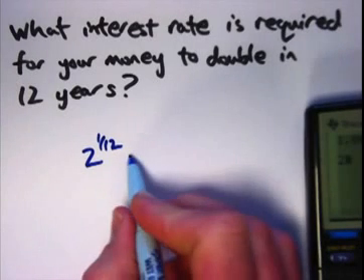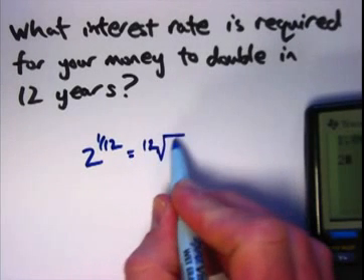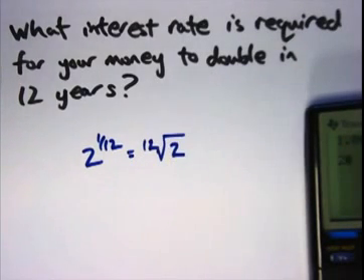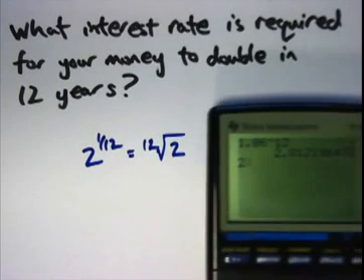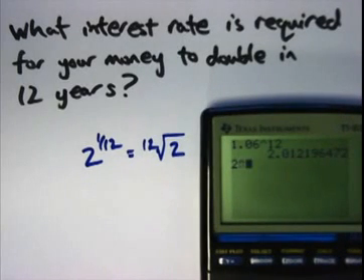The 12th root of 2 is going to be a number a little bit bigger than 1, such that when I raise it to the 12th power, I get 2. 2 to the 1/12th power is what I need.